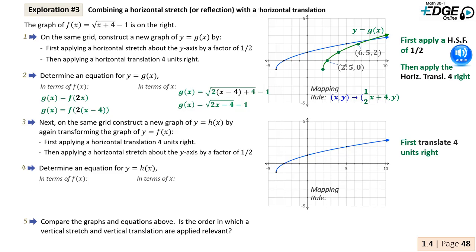So what would happen if we applied the same two transformations in the opposite order? First, we add 4 to each x coordinate to move the graph to the right. Now we stretch by a factor of 1/2.